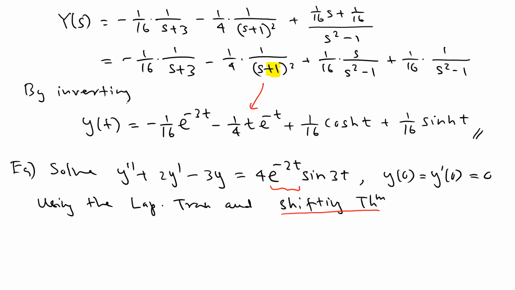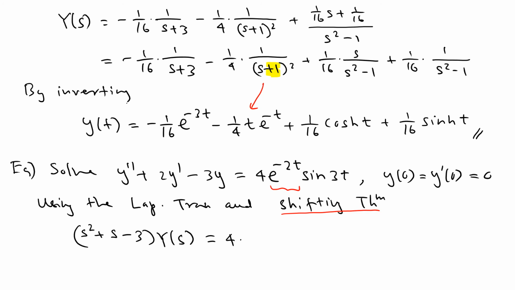What will happen is, you can see this is s squared plus s minus 3 times Y(s) equals. So what do you get on this side? You can see this is a 4. What we do is we look at the transform of sine and then shift by s plus 2. We simply replace s by s plus 2.